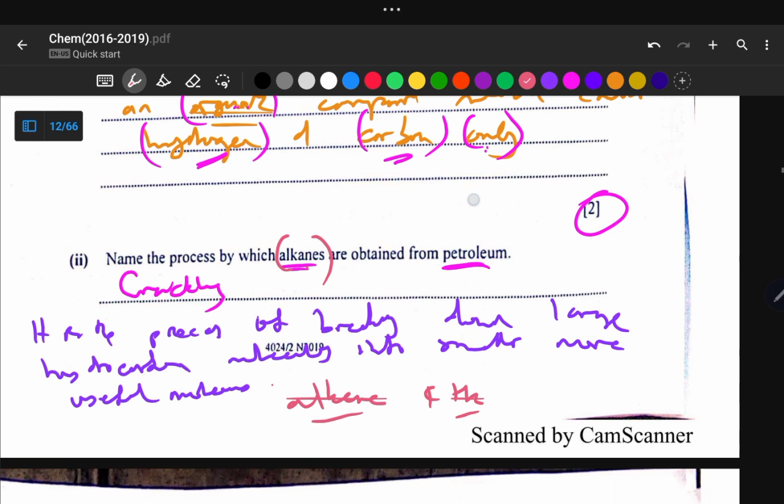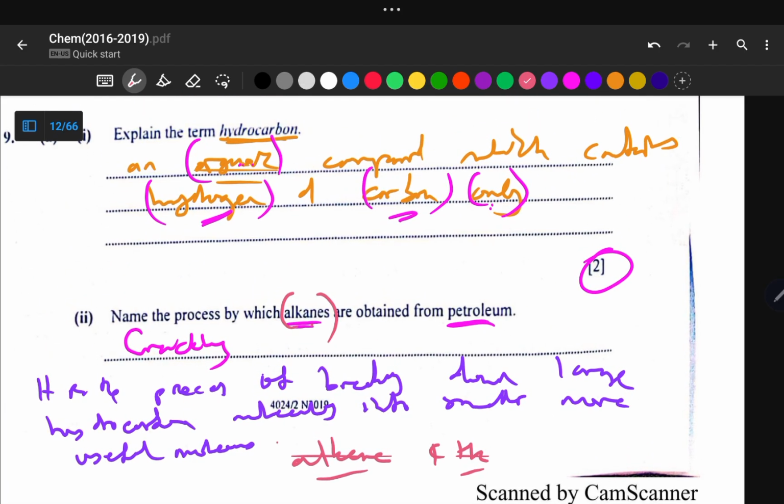So we have 2 types of cracking. We have thermal cracking and catalytic cracking, right? So we must understand this. For thermal cracking, the conditions, we're going to use high pressure and a temperature of 700 to 900 degrees Celsius, right?